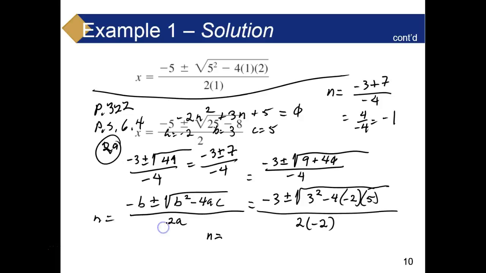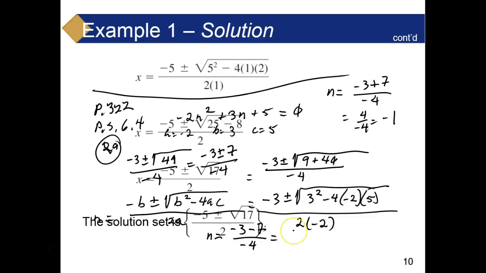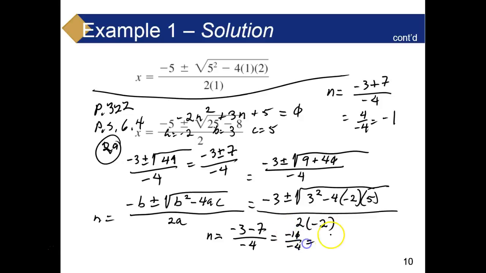N is equal to negative 3 minus 7 over negative 4. And what does that give you? Negative 10 over negative 4, which gives you 5 over 2. 5 halves.